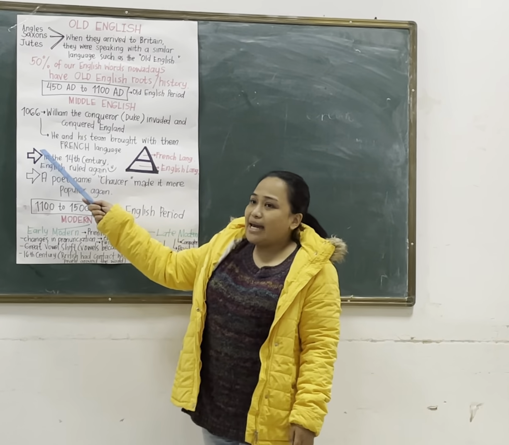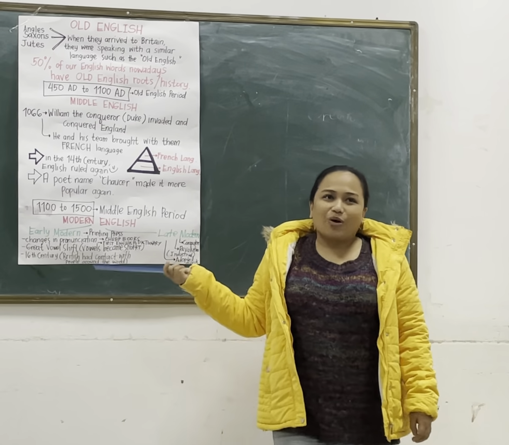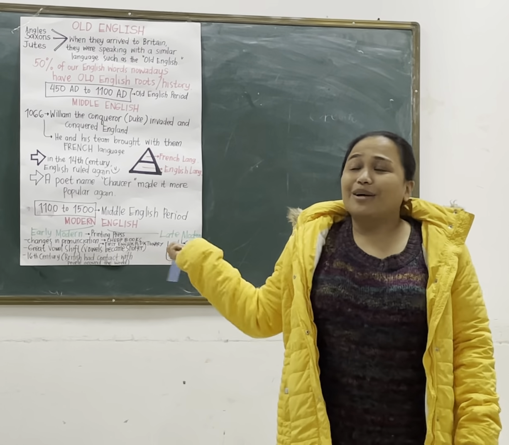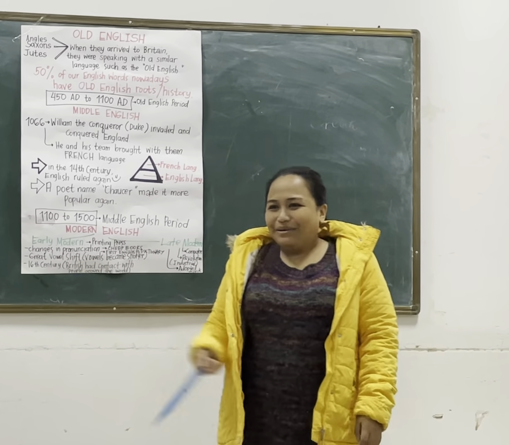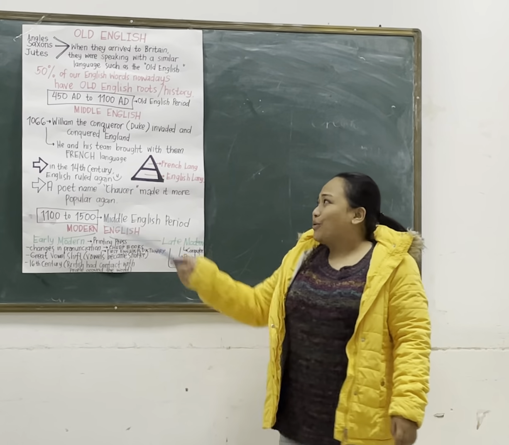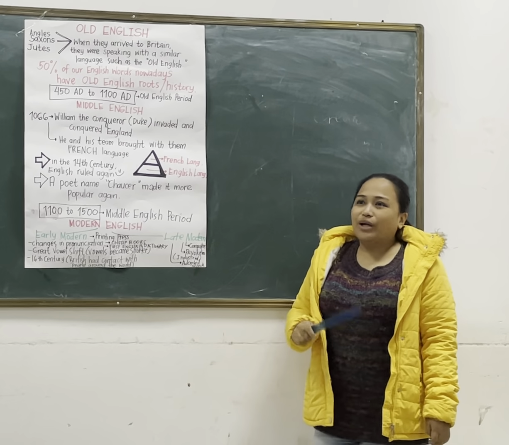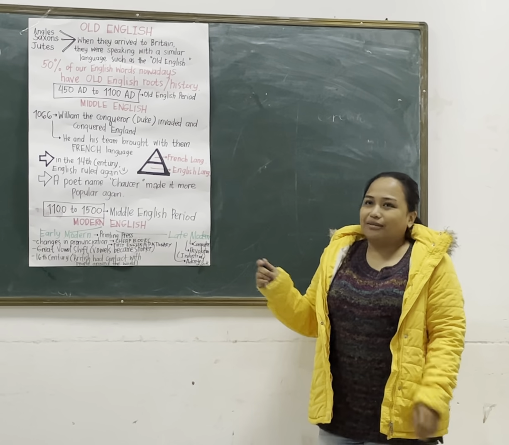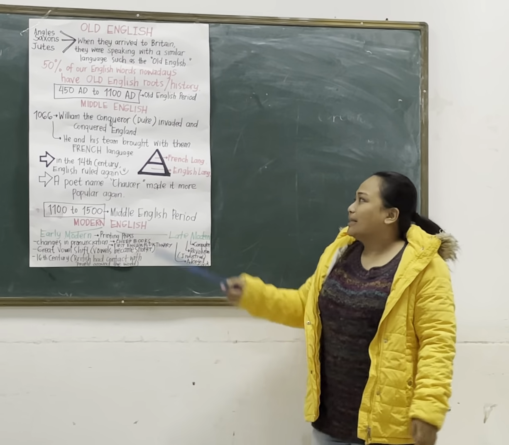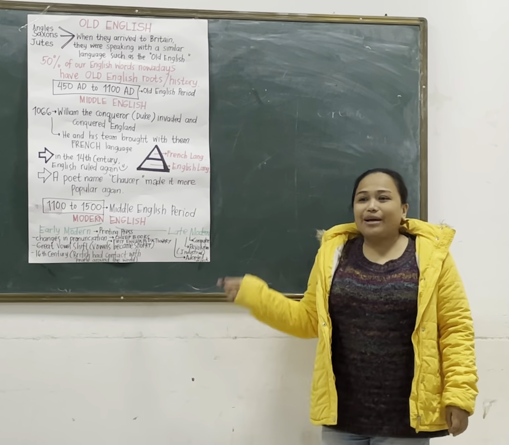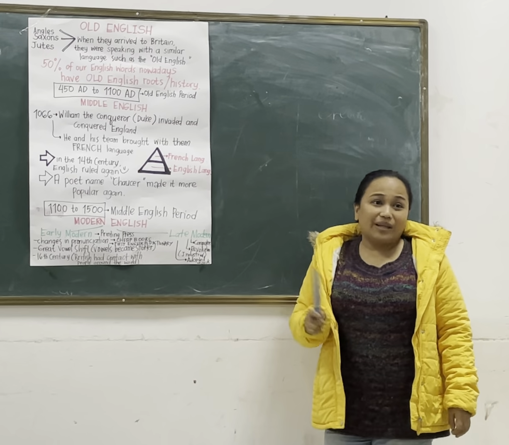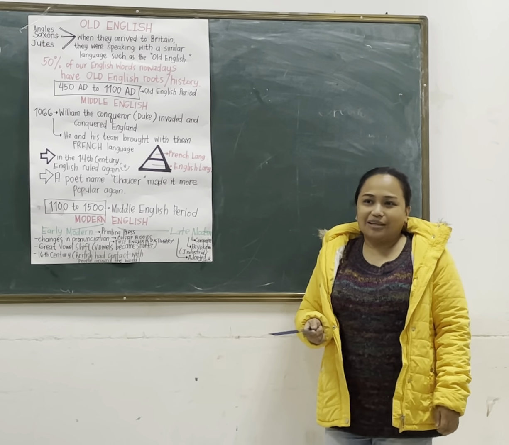Then, he and his team, of course, a conqueror will not go alone. He will have a lot of people guarding him to make him strong. So he and his soldiers and very big fleet brought with them the French language. When they went to Great Britain, they brought with them French.